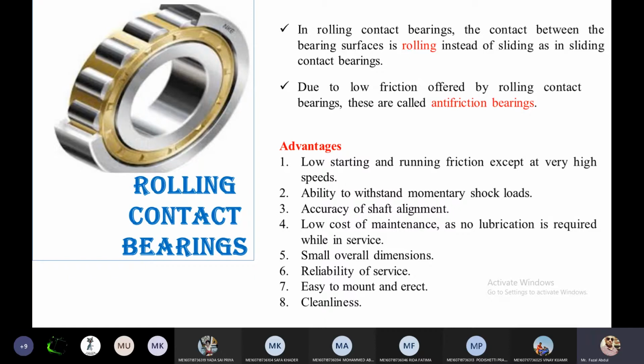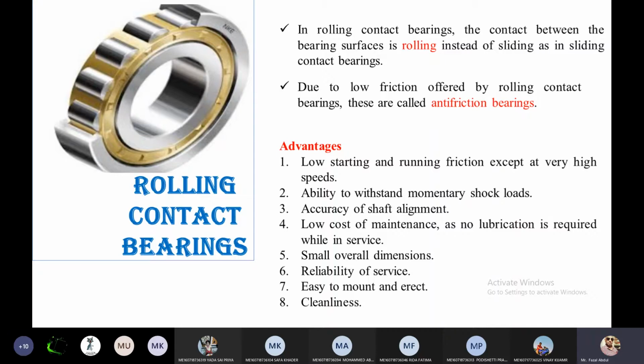Shaft alignment means the axis of the bearing and journal, both axes, are maintained perfectly. As well as, shaft alignment means when we are using two different shafts, both not uniform, two half portions inserted in two different bearings.